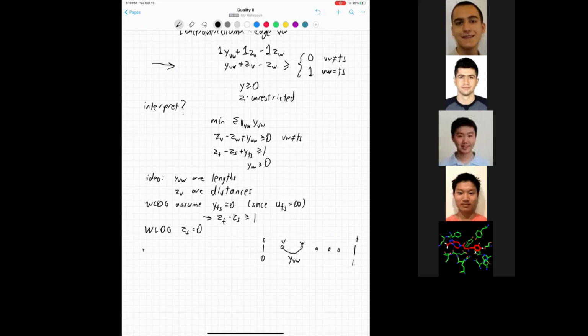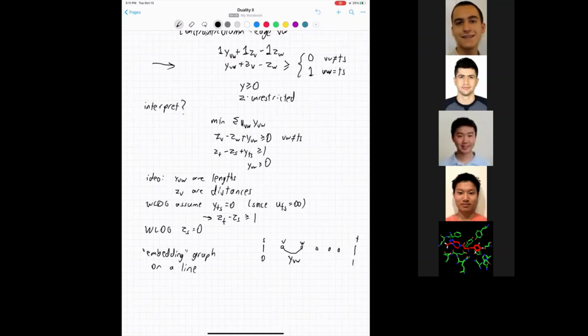So this is what's called an embedding. Trying to embed the graph on a line.